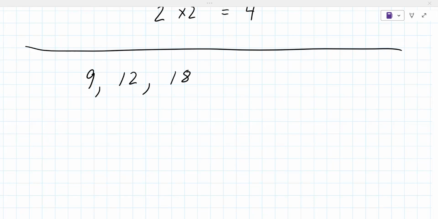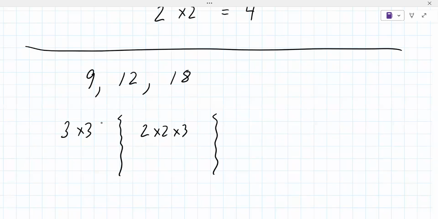Would it be 3 times 3 is 9? For 9, yes. How about for 12? For 12, 2 times 2 times 3. And then for 18, 2 times 3 times 3. I said 2 times 3 times 3. Okay, I misheard there.